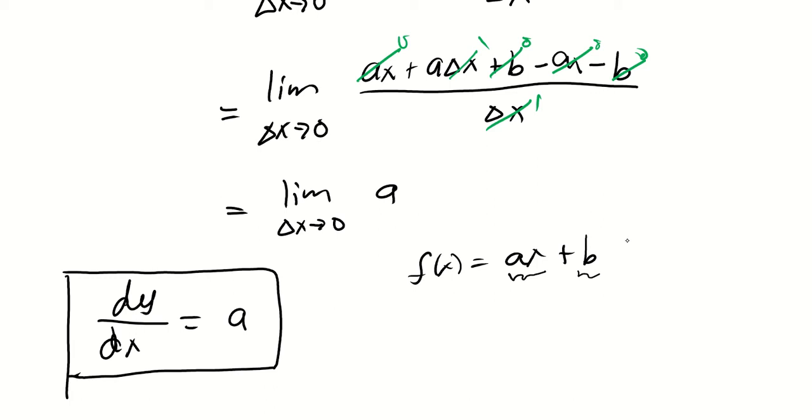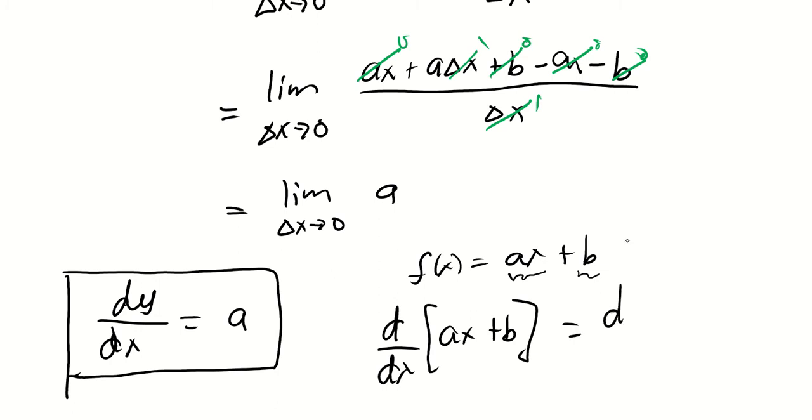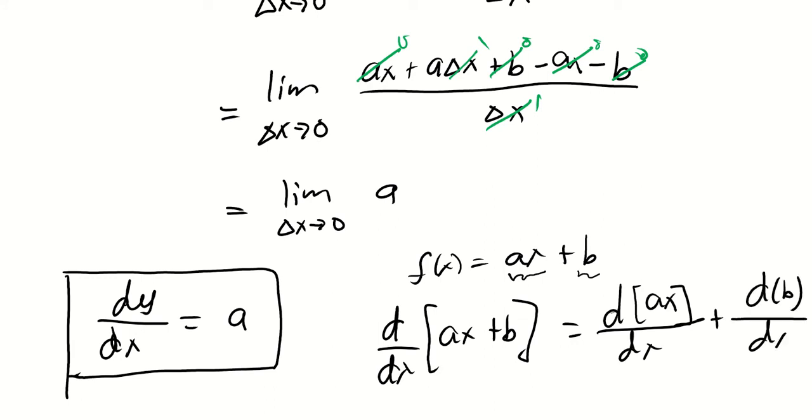So if you take the derivative with respect to x of ax plus b, this is just equal to the derivative of ax with respect to x plus the derivative of b with respect to x. The derivative of b, a constant, will be equal to 0.